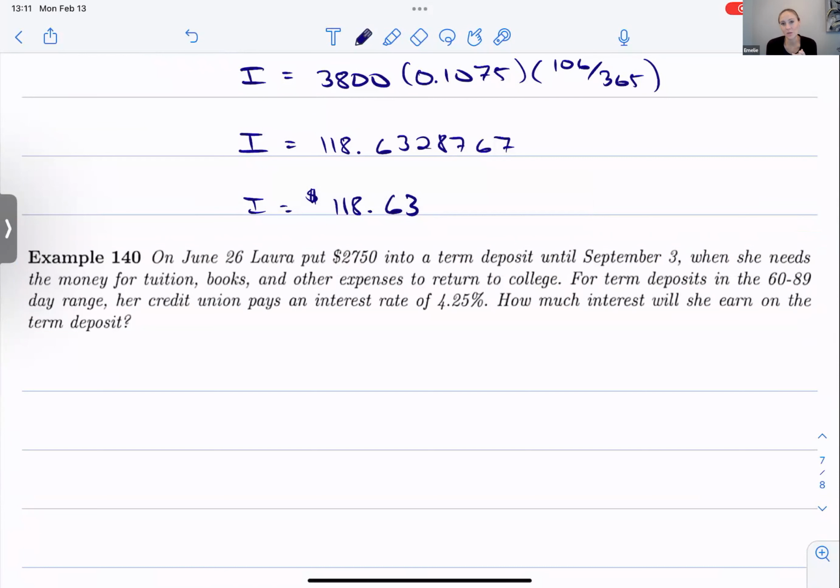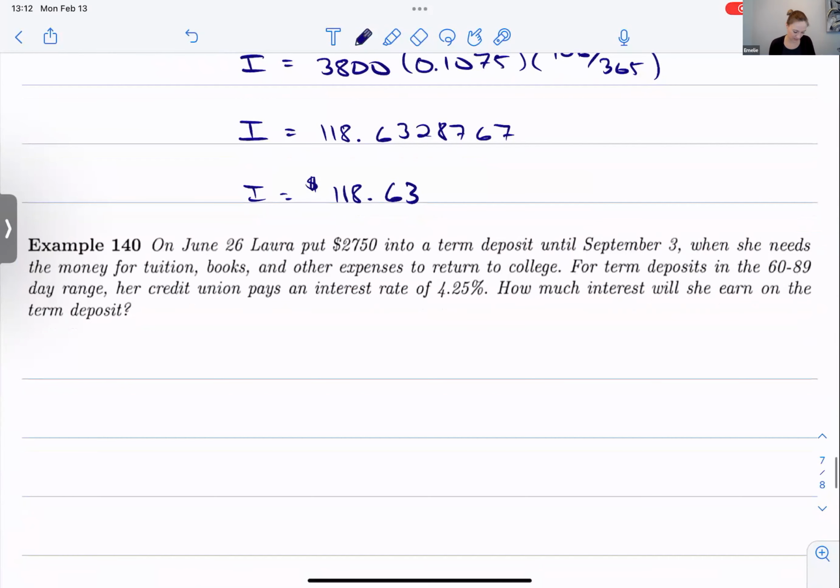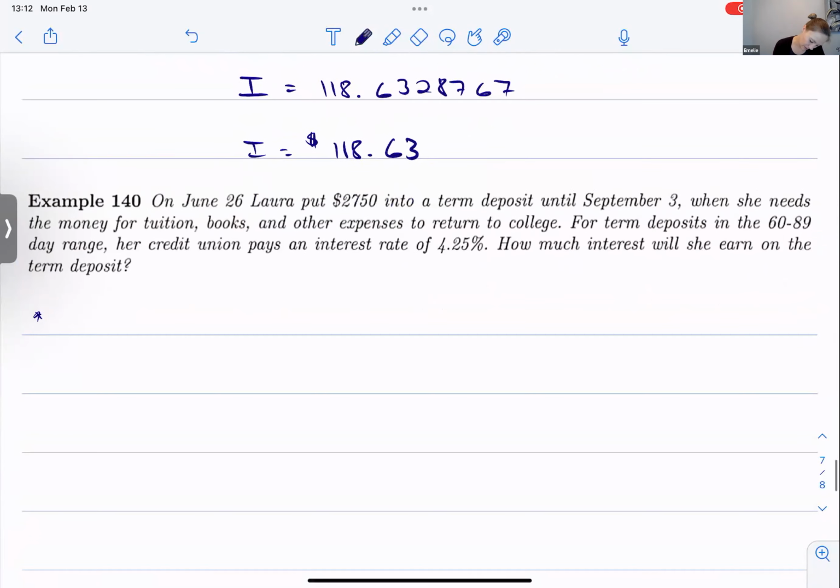So let's just assume it's this year and hopefully our calculator can handle it. Okay. So here, assume the year is 2023. Or maybe 2022, because then it has already happened. How about that? Because we haven't seen June 26th yet.